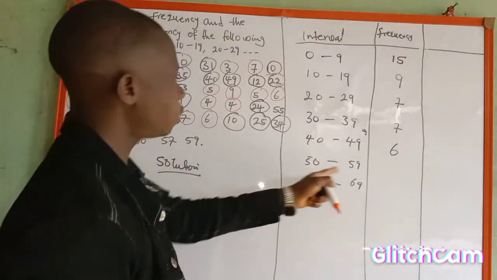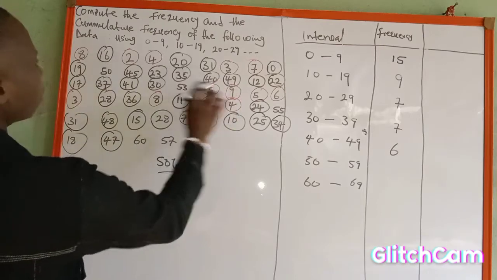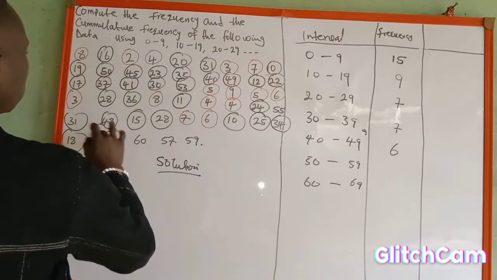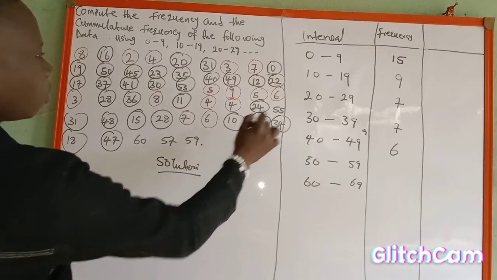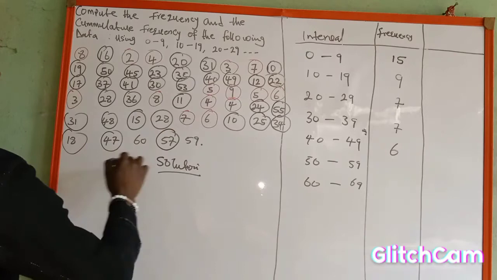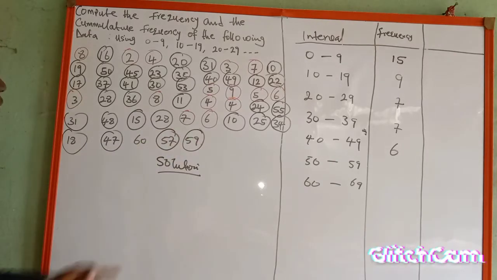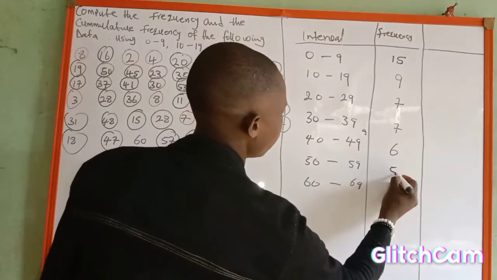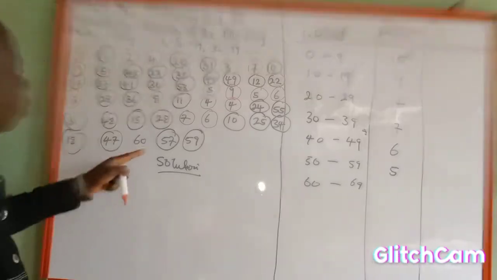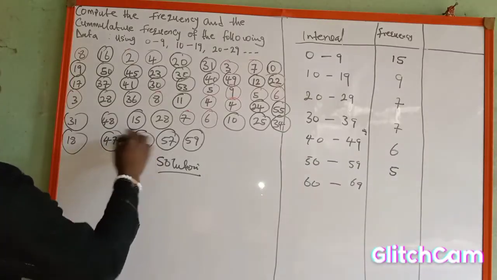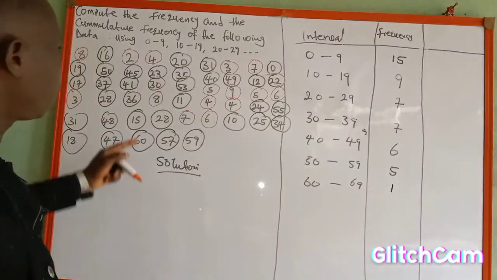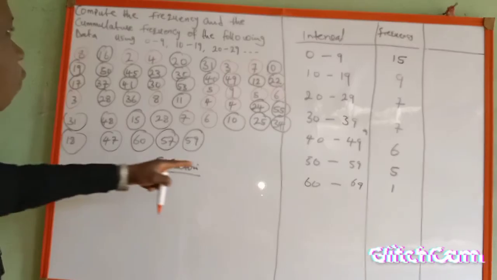Between 50 to 59 we have 1, 2, 3, 4, 5, so 5 numbers. The last one is 60 to 69. We have 60 here, so it's only 1 number. So we have successfully found the frequency of these numbers.